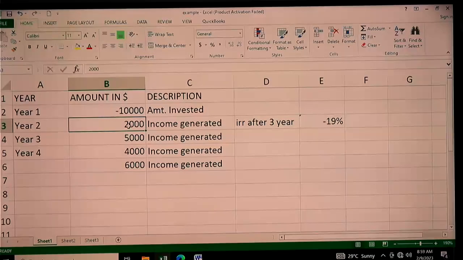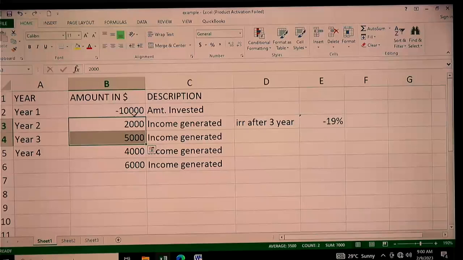So that means it has not returned back his money. The investment has not yet returned the money back. And even the third payment, because the two of these will equal 7,000, it has not yet returned the amount invested.